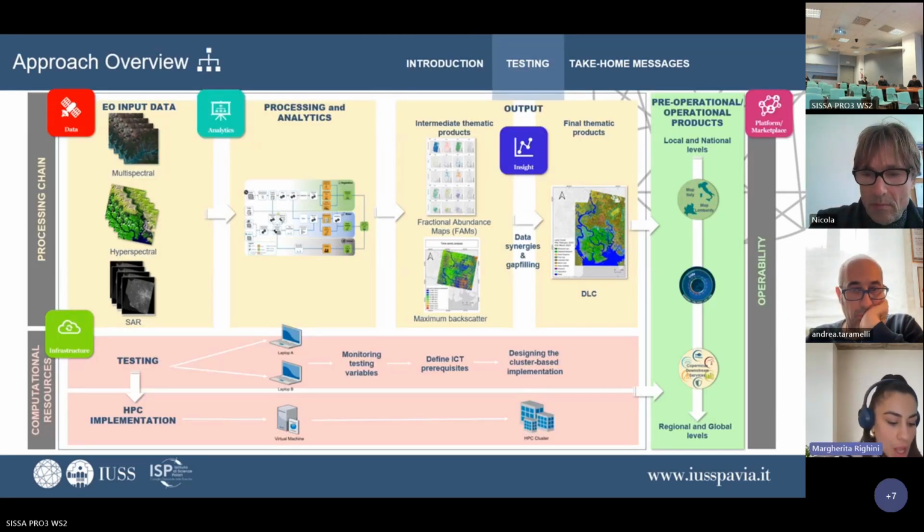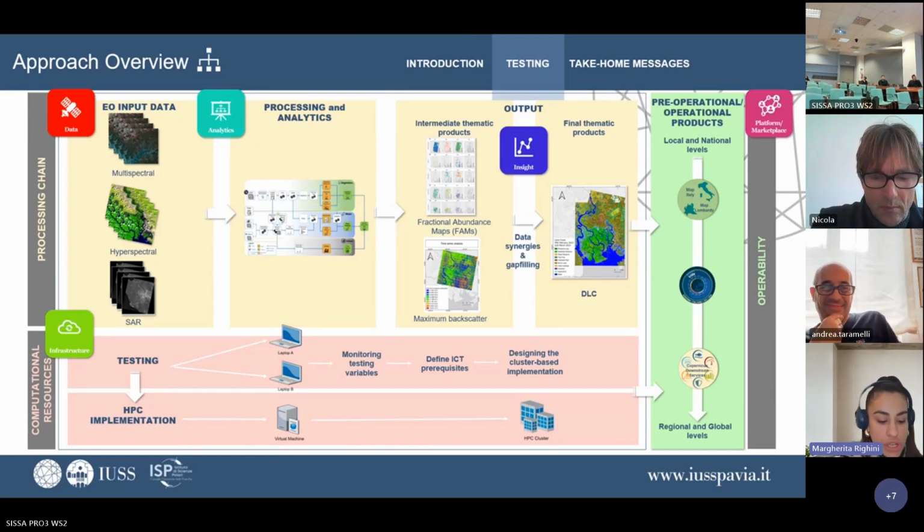Next, please. The overall approach essentially follows the Earth observation downstream ecosystem that Professor Taramelli has shown.